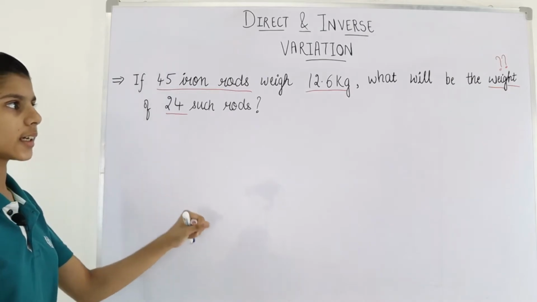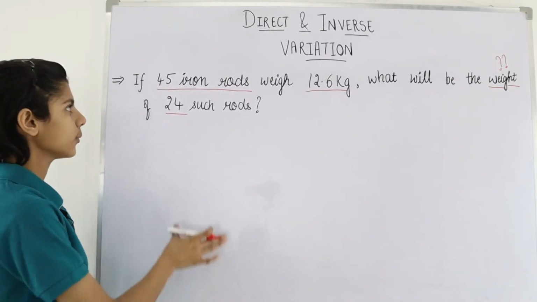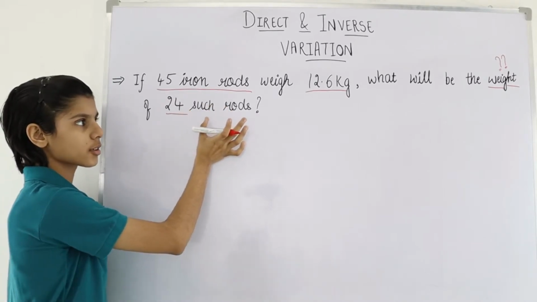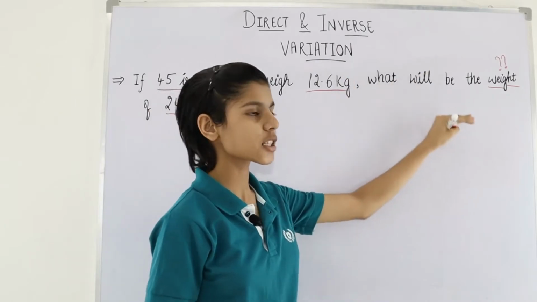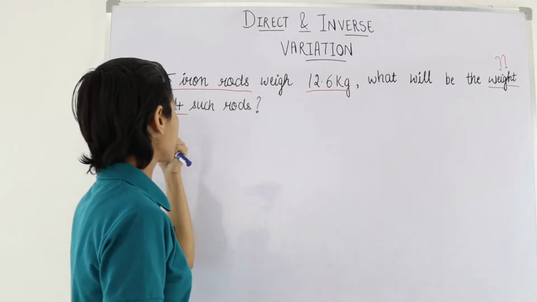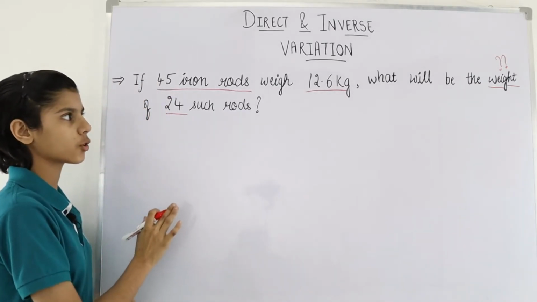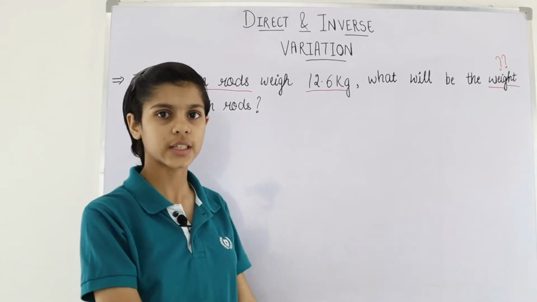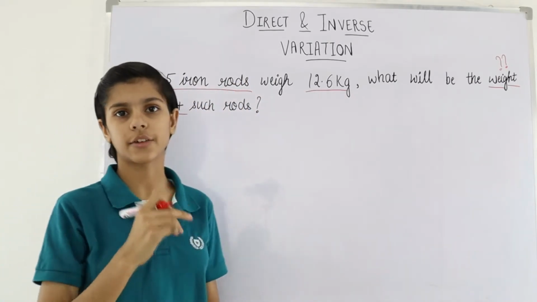So these are the things that are the most highlighted in the question, that are 45 iron rods, its weight 12.6 kg, and then in the next part of the question they are asking what will be the weight of 24 rods. मतलब इस क्वेश्चन में हमारे पास 45 आयरन रॉड्स का वेट है 12.6 kg और हमसे पूछा है कि 24 रॉड्स का क्या वेट होगा.